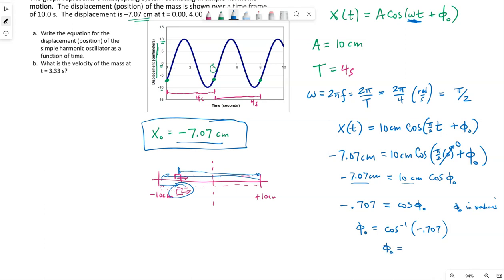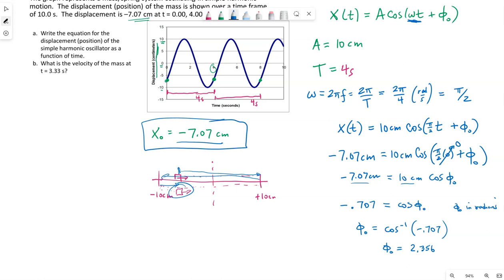All right, let me plug that in. So inverse cosine, I'm getting 2.356, which we don't have that many sig figs.